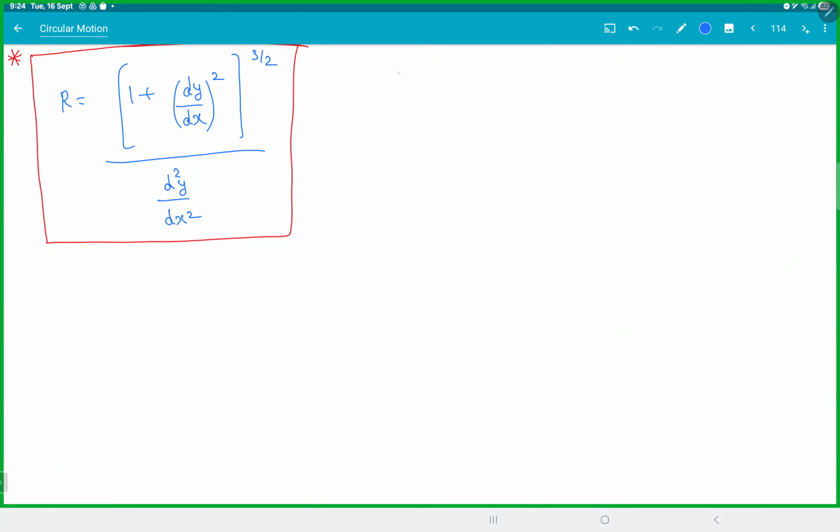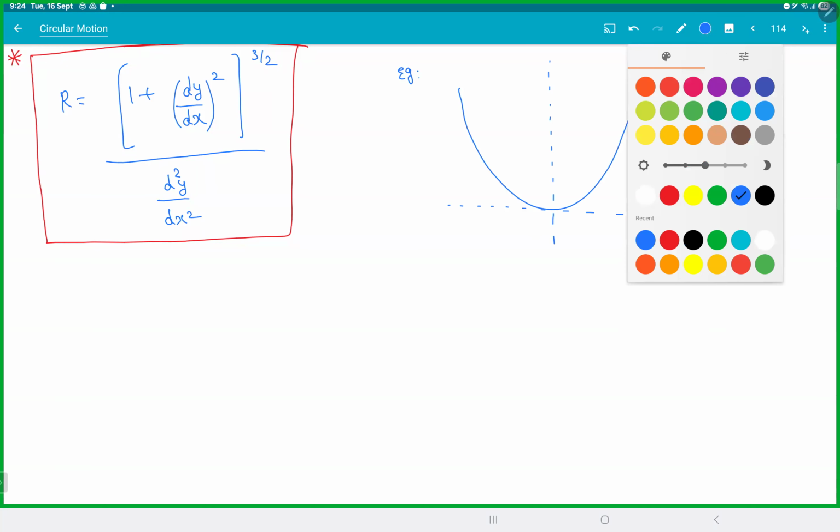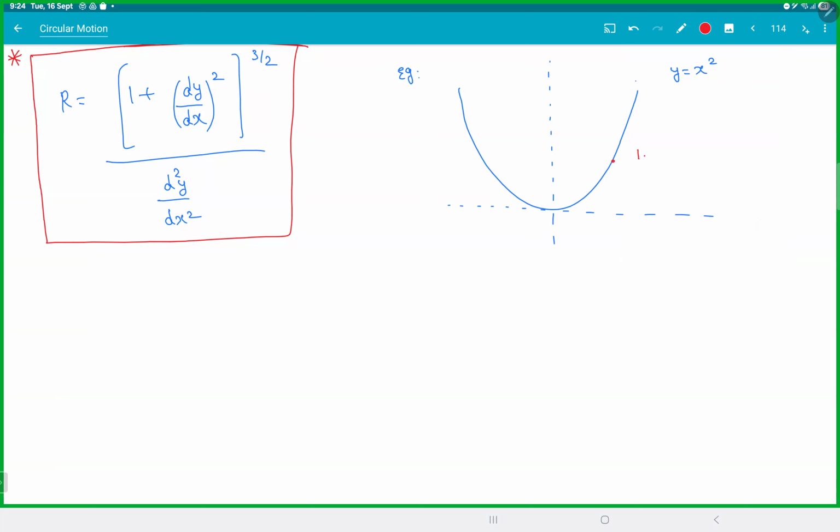So, example, let's see this one. y is equal to x square. If you take this point here, (1, 1), that was the question which we did. So we want to find the radius of curvature here. We had to do so many things to find the radius of curvature, but if I know this formula, dy by dx is 2x. d square y by dx square is 2.